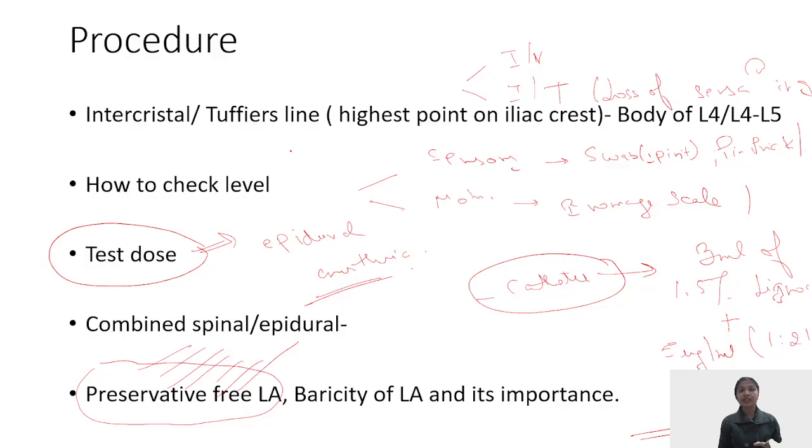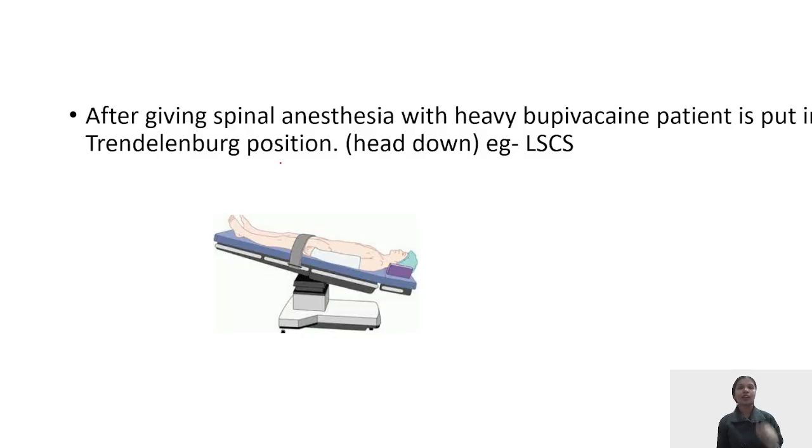The main reason for withdrawing it was the addition of sodium metabisulfite, a preservative, which led to neurotoxicity, causing cauda equina syndrome. That is why chloroprocaine is now coming back, but preservative free LA has to be given intrathecally. I hope this is very clear.